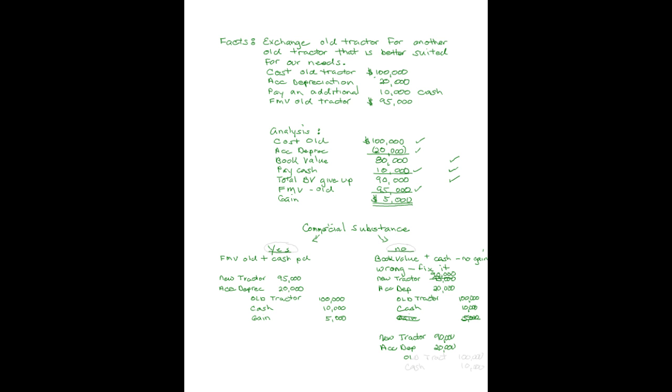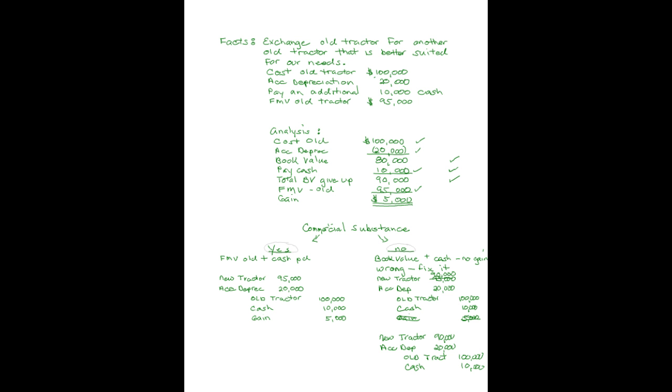Get rid of the old tractor. Needs to go. Don't own it anymore. I'm abbreviating. Get rid of the old tractor at $100,000. And get rid of the cash because we just spent 10. Does our entry balance? Yes, both sides equal 110. There is no gain because it was absorbed into the price of the new tractor.